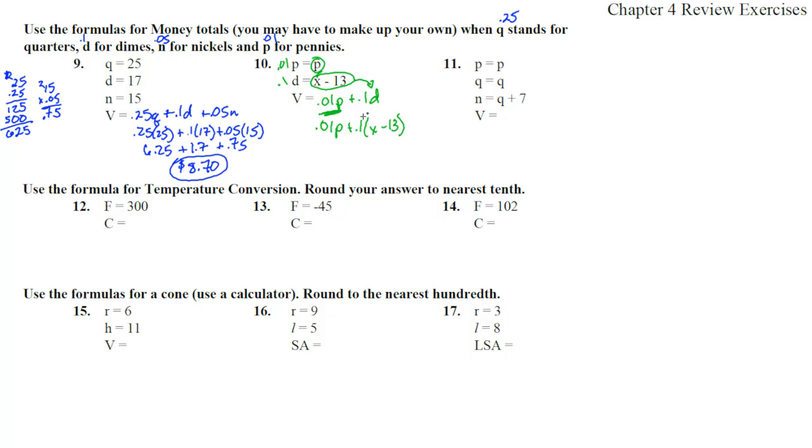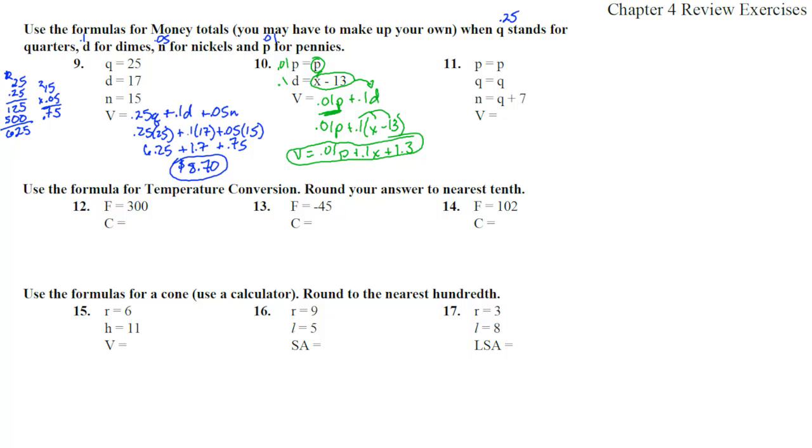Can we simplify this at all? Well, we have done some distributive property in the past, so if we do that, we get 0.01p plus 0.1x minus 1.3. I think that's as simplified as we can get it there.